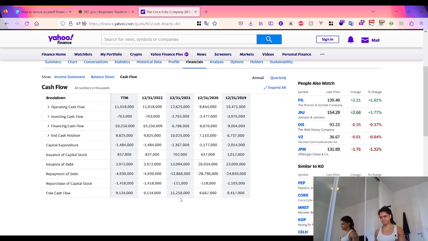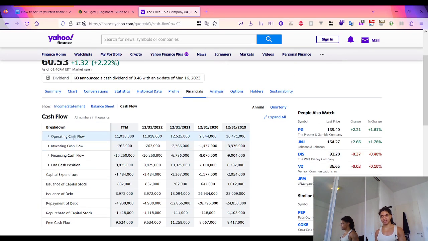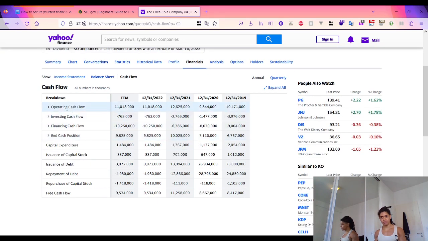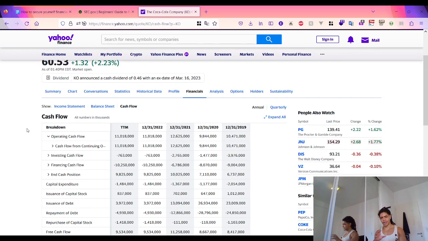So the first part of the cash flow statement is the operating cash flow. It analyzes the net income from the income statement and reconciles it with the actual cash that a company receives from or uses in its operating activities.